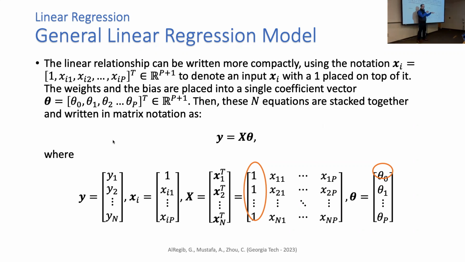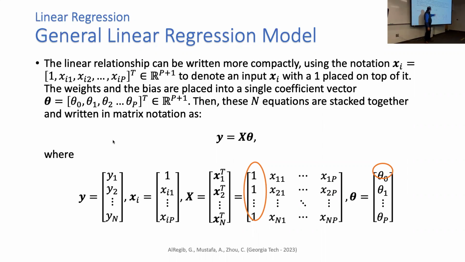So I always have the theta 0 that I had in the previous line, doesn't matter which y or which i I am at. The next row, multiply this by that, then I will have 1 times theta 0, x21 times theta 1, and so on all the way to x2p times theta p. So I always have theta 0 in all these equations.